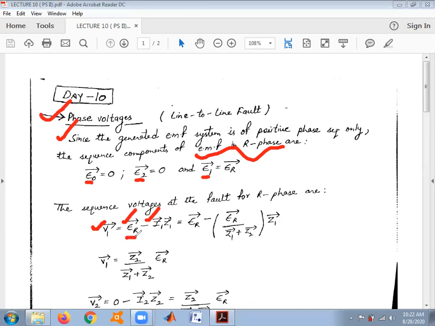The total EMF generated minus the voltage drop gives the voltage at the fault for the R phase. We had already calculated the value of I1 in the previous lecture, which is substituted here. By solving this full equation, we get our desired result in this format.